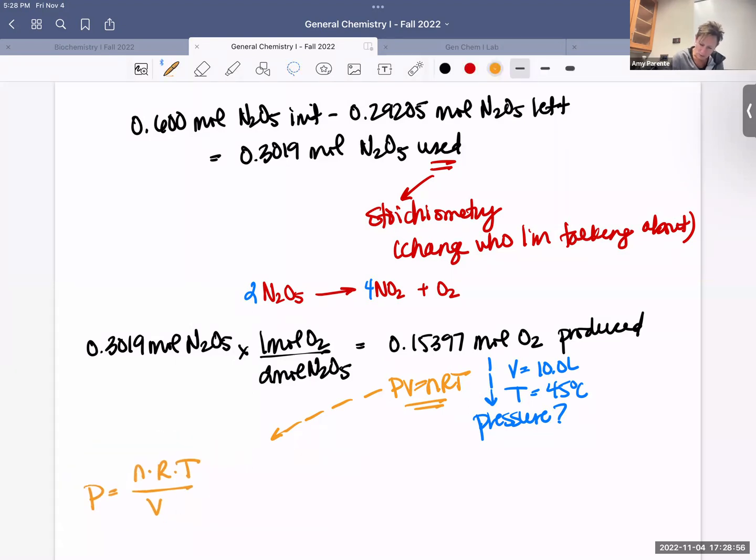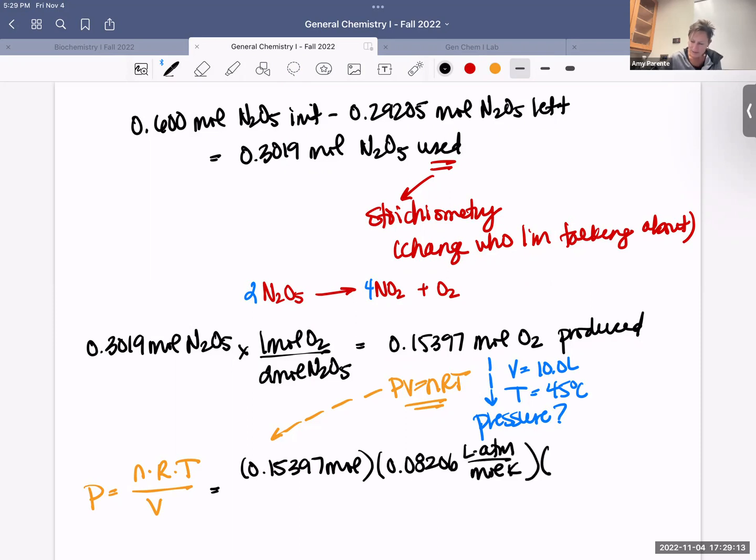So let's put our pieces in. We just figured out the number of moles of gas. Our gas constant is 0.08206 liter atmosphere per mole Kelvin. The temperature, I need to make sure to convert that to Kelvin. Do you remember how to convert Celsius and Kelvin?